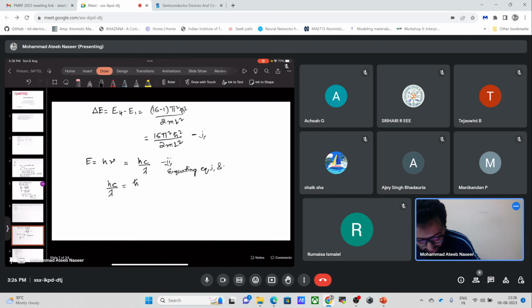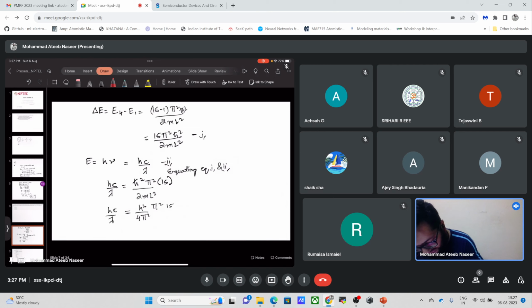equation 1 and 2. Since this is h bar square pi square by 2ml square, multiplied by 15, and h bar square is simply h by 2 pi, we can write it as h square by 4 pi square, so that this pi square and this pi square get cancelled, and one of the h also gets cancelled, equal to hc by lambda.